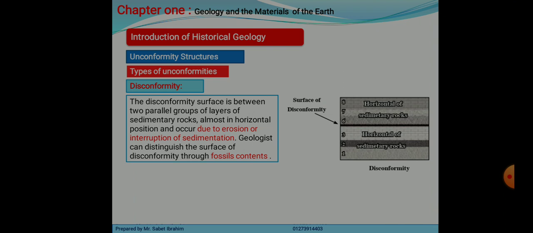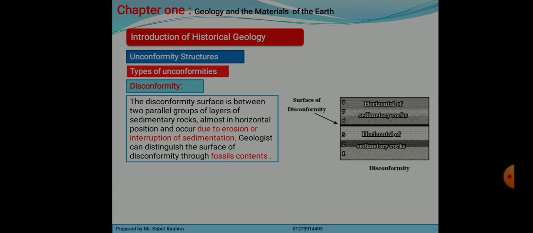Number three of unconformities, disconformity. The disconformity is between two parallel groups of layers of sedimentary rocks, almost in horizontal position.